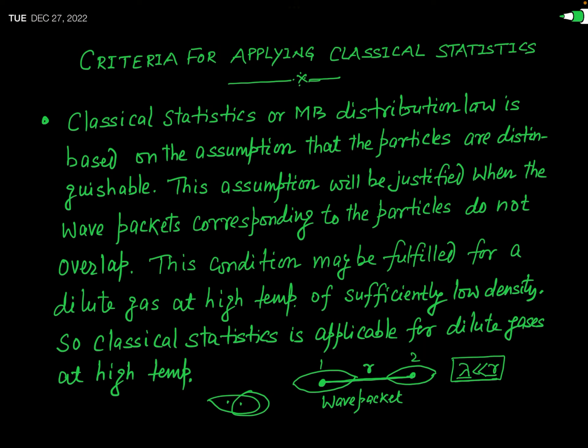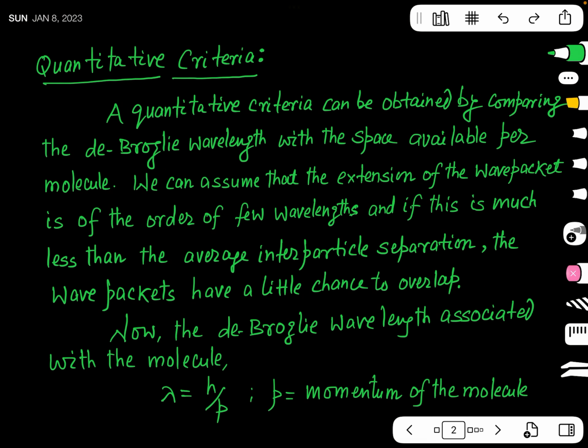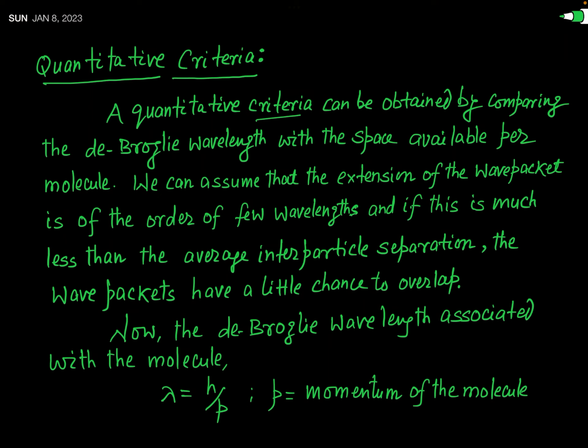Now we will see this fact in a mathematical way. All the facts which I have just described, I have mentioned here. You can see that a quantitative criterion can be obtained by comparing the de Broglie wavelength with the space available per molecule.